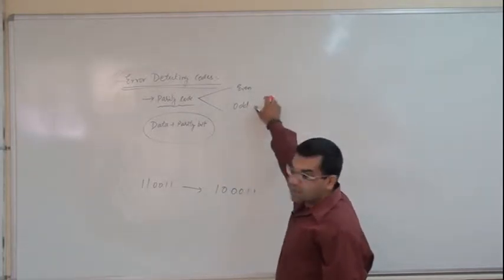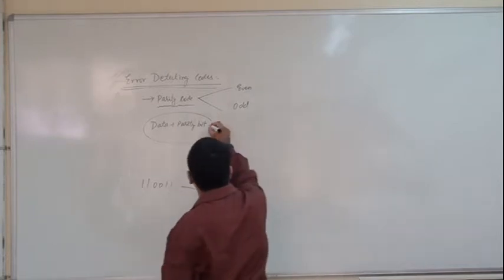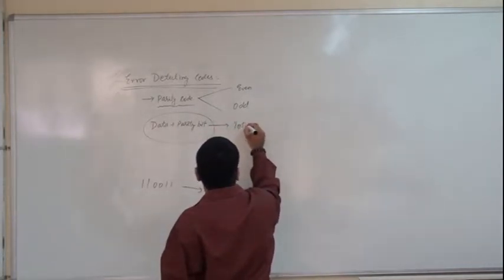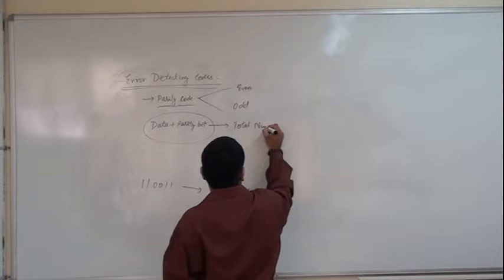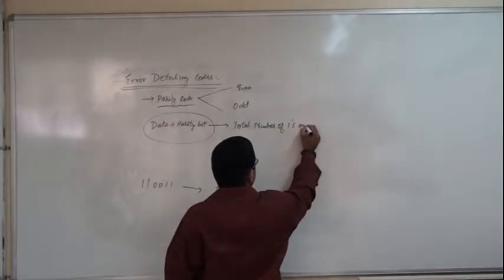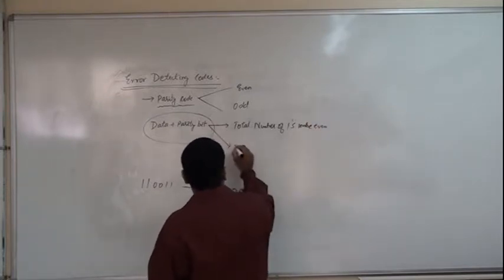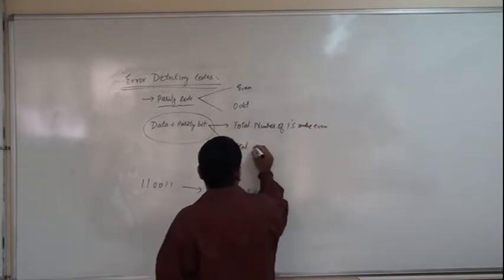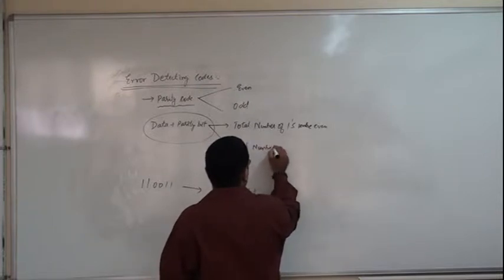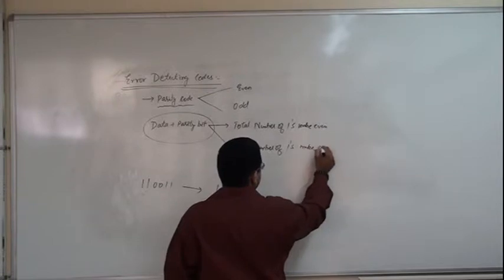If it's an even parity, then for data plus parity bit, we make the total number of ones even. And if it is an odd parity, we make the total number of ones odd.